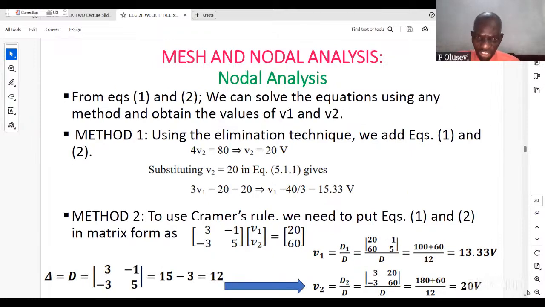Still on nodal analysis. In your nodal analysis, you can come to a situation where you may need to use different methods.